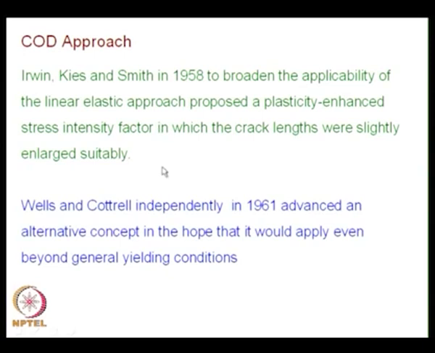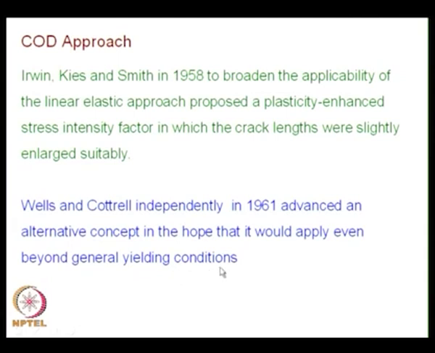Another kind of approach was promoted by Wells and Cottrell. They did it independently in 1961. They advanced an alternative concept in the hope that it would apply even beyond general yielding conditions.